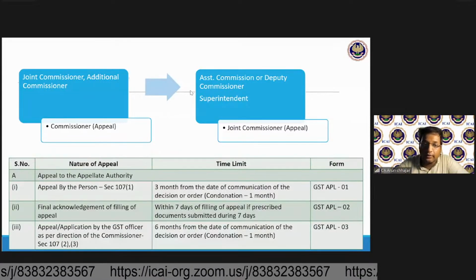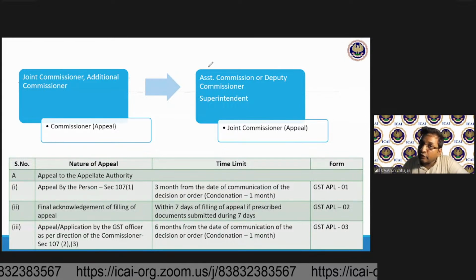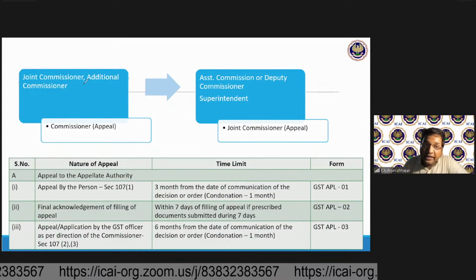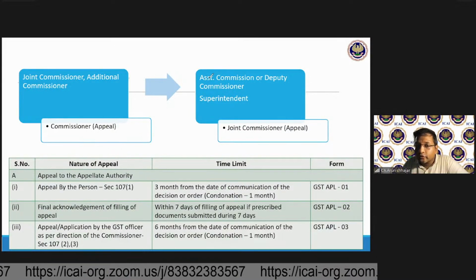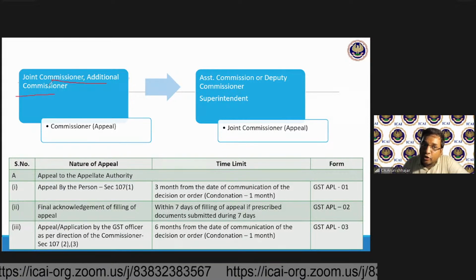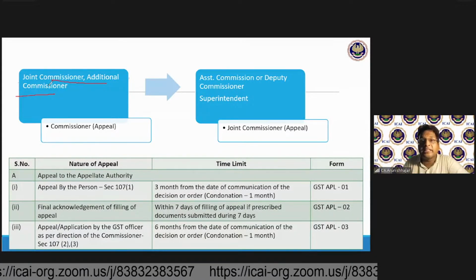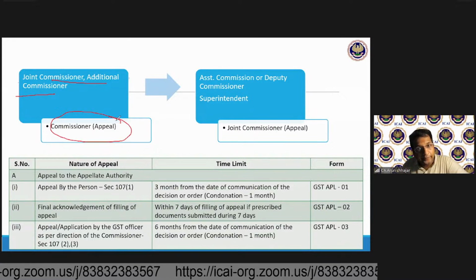The first order is by the adjudicating authority; if not satisfied, you can make the appeal to the appellate authority. Appellate authority is nothing but the commissioner appeal. So if the order has been passed by the joint commissioner or additional commissioner, then the first appeal lies with the commissioner only.